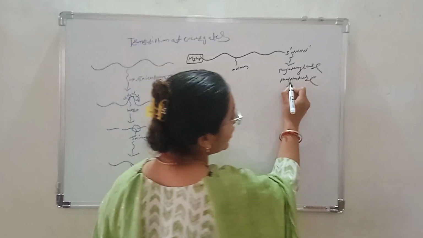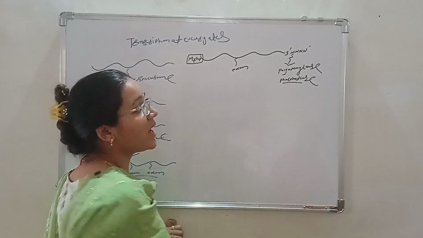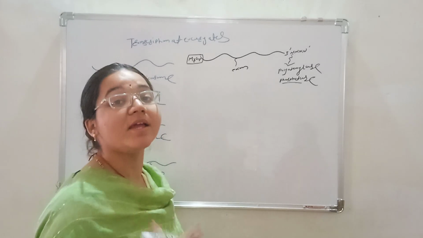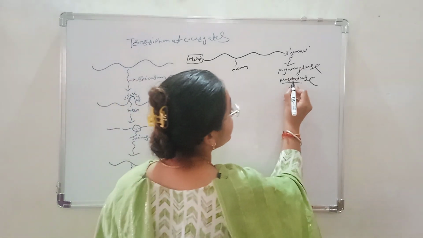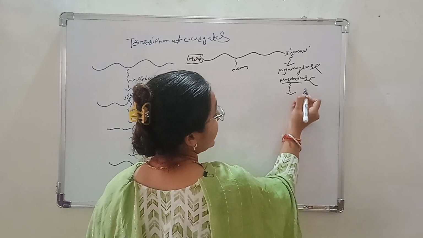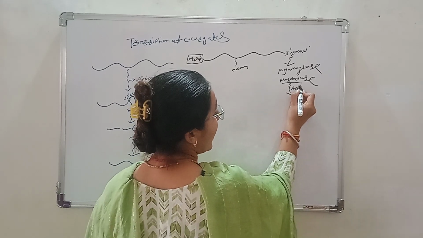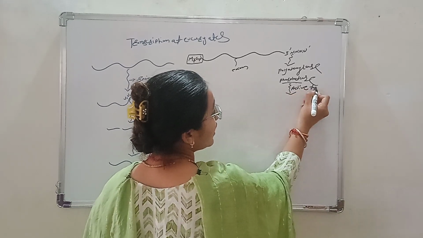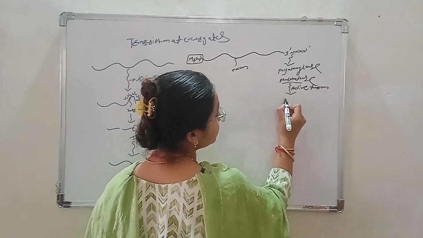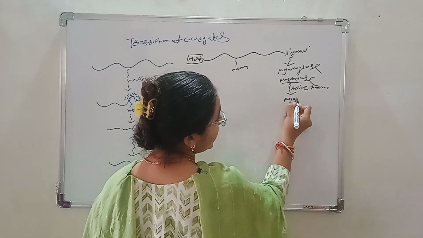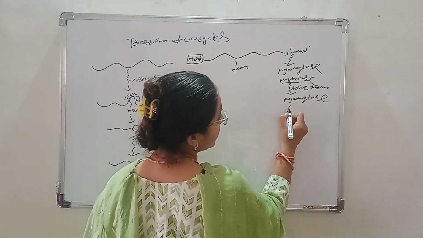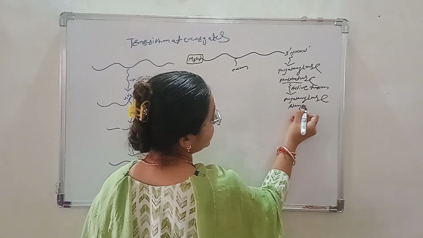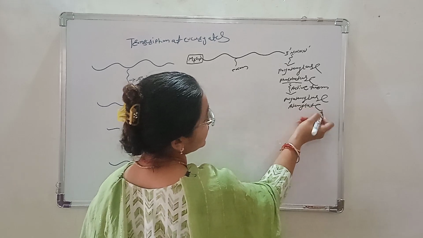But one important thing is that this phosphatase enzyme is initially inactive in this process. It is very important that it is converted into the active form. So the enzyme reacts, and the active form is polyadenylate.